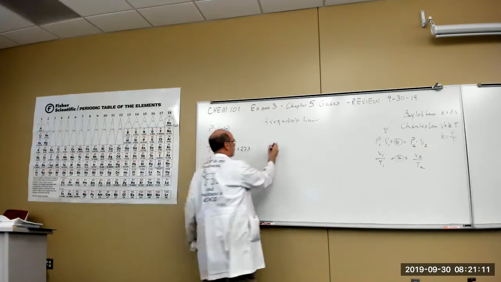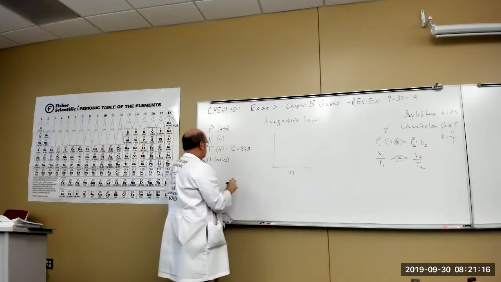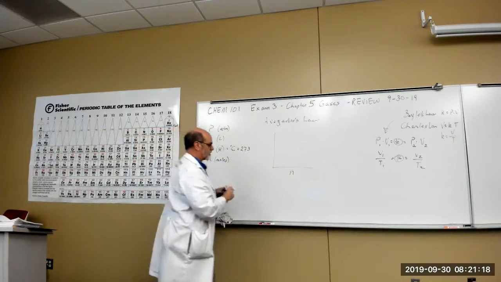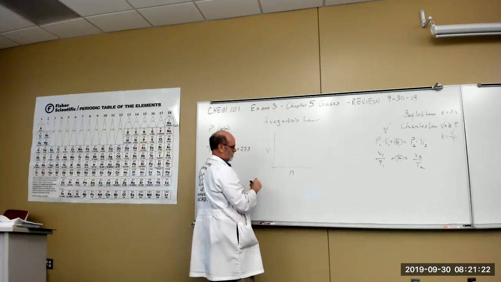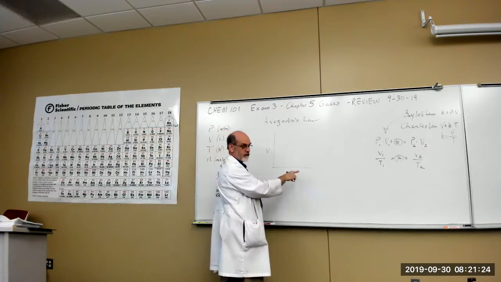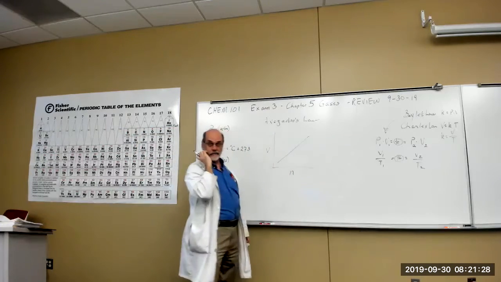So what did Avogadro find out? Well, if he changed the number of moles and held the temperature and pressure constant, then what happened to the volume? As the number of moles increased, the volume increased. So it's also a straight line.